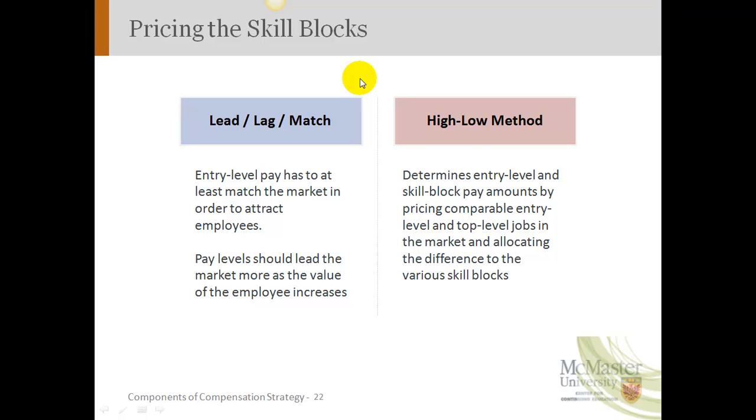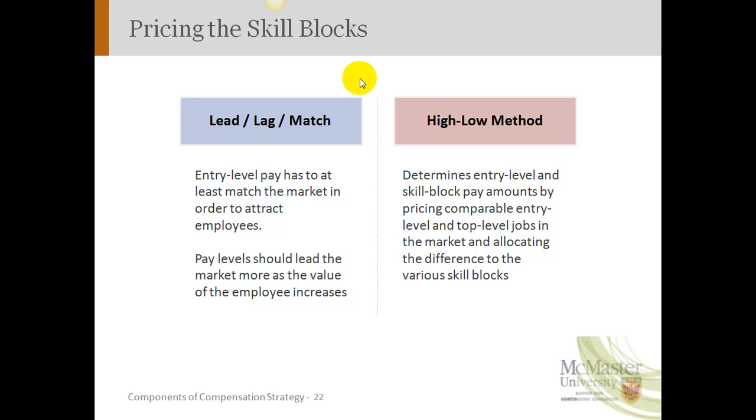So a skill block is we might bring somebody in at an entry level, and then when they gain a certain level of skill, then we're going to pay them more, so they now have gone through the first level of skill block or the first skill block. Now they've earned another skill or learned another skill, and we're going to pay them more. So now they've gone through the second skill block. So it's kind of like a laddering effect. If you can imagine rungs on a ladder, as you go from one to the next, you're progressing and moving up the block or the skill block.